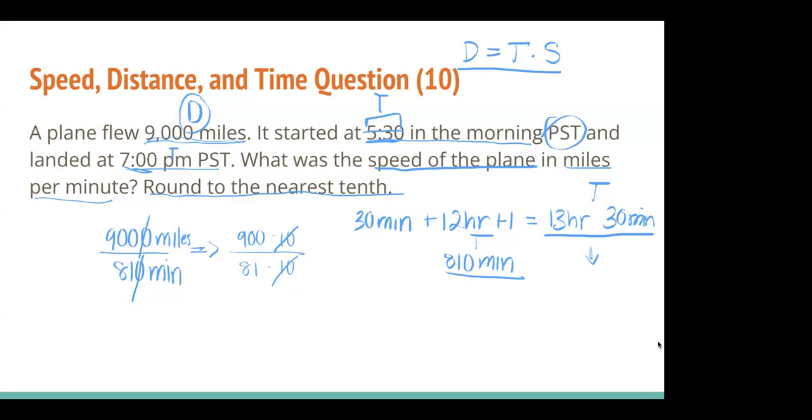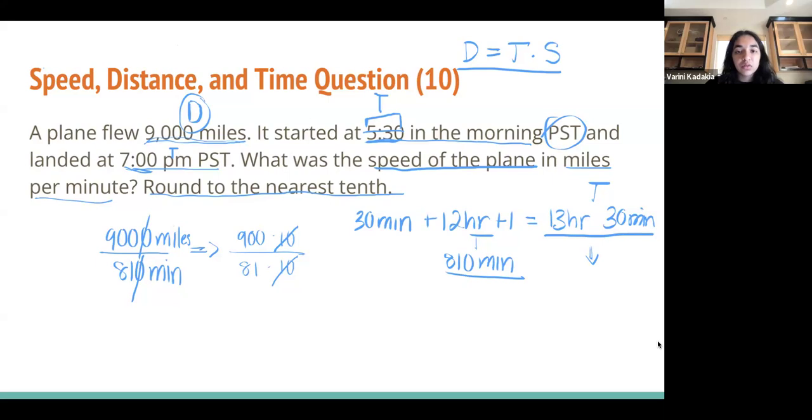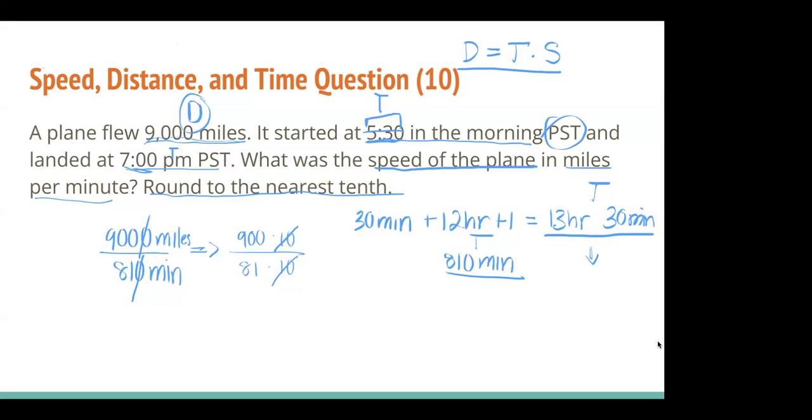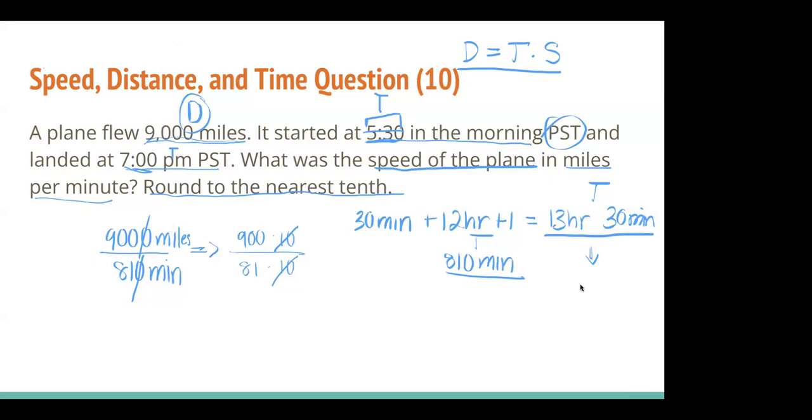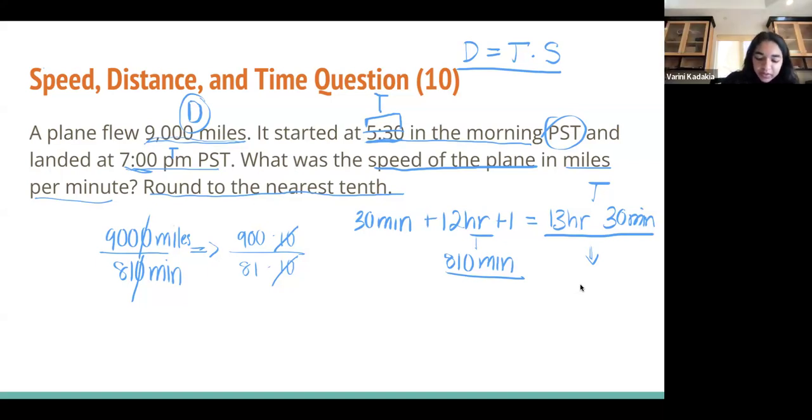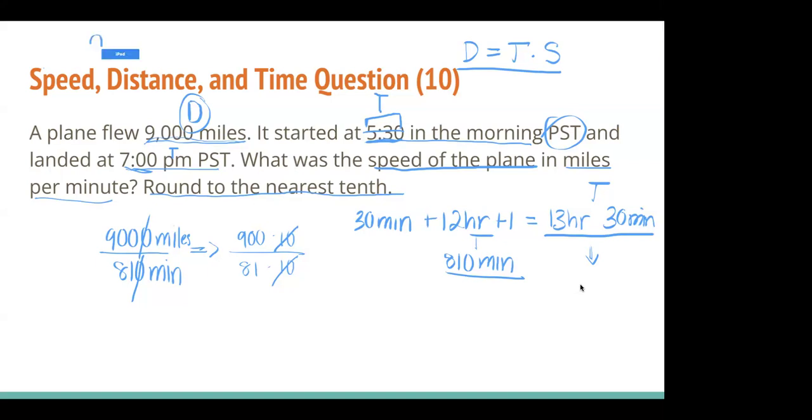Madam, please, I still don't get it. What part do you not get? Is it the time part or the formula? It's the formula. Okay. So think of it like you're driving in a car.